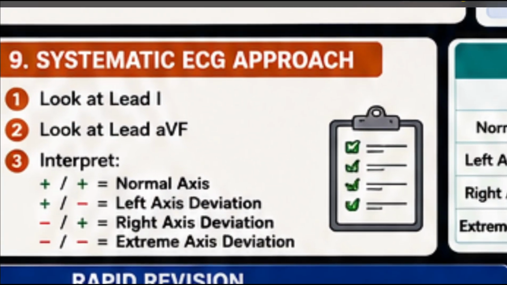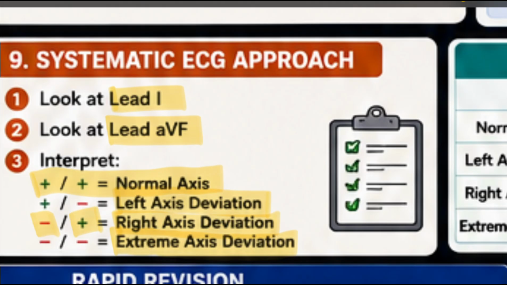Next we have another one, the systematic ECG approach. We have to look at lead 1 and lead AVF. If both are positive, it is normal axis. If lead 1 is positive and AVF is negative, then we call that left axis deviation. If lead 1 is negative and lead AVF is positive, we have to think about right axis deviation.